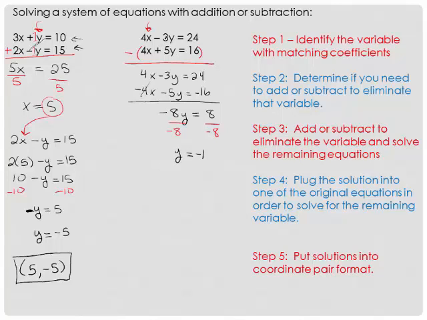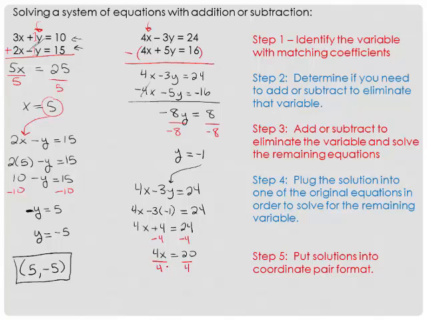Now I pick either equation, doesn't matter which. I'm just going to pick the first one this time. I plug this -1 in for y, so I have 4x minus 3 times -1 is equal to 24, which gives me 4x plus 4 is equal to 24. Subtract 4 from both sides, and I get that 4x is equal to 20.